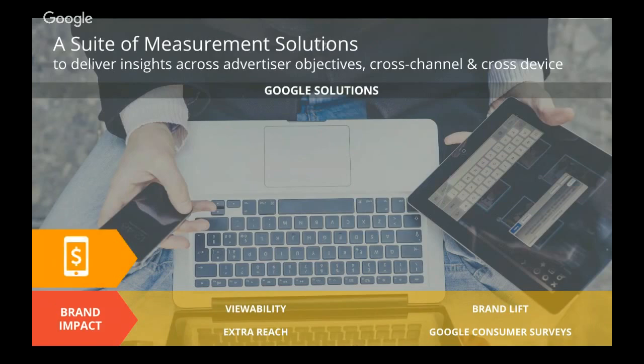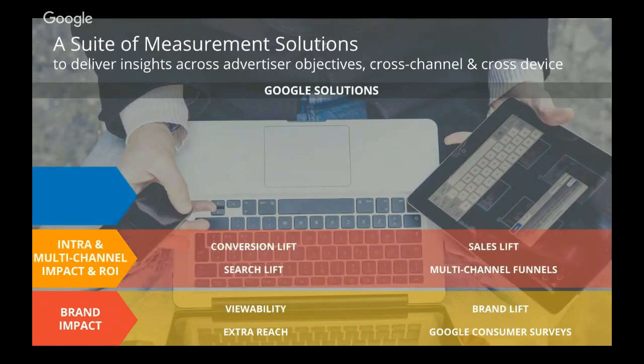Beginning with the brand impact, our brand lift and Google consumer survey solution allows you to measure campaign effectiveness across ad recall, brand awareness, and brand interest. To measure multi-channel impact and ROI, there are a variety of solutions including conversion lift, search lift, and multi-channel funnels.